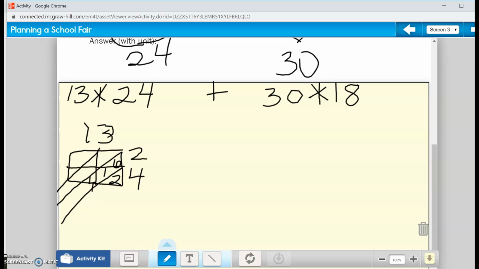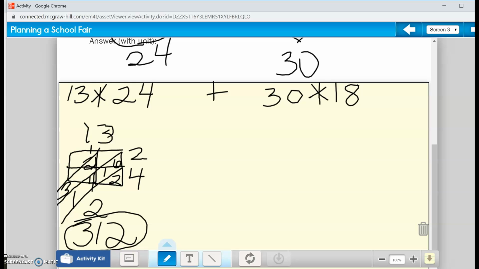That goes here. 1 times 2 is 2. I'm adding them, so that's 2. 6 and 1 is 7, plus 4 is 11. Put the 1 here, carry the 1. This is a 2. 2 plus 1 is 3. So my first answer is 312.